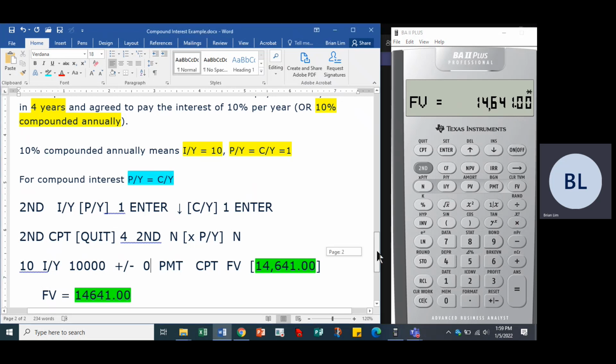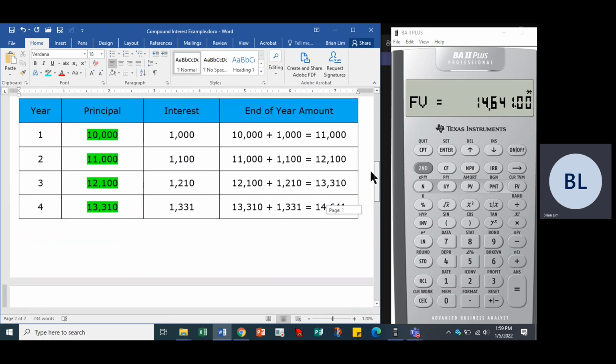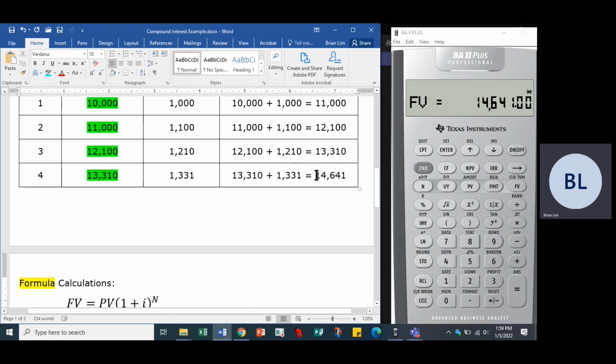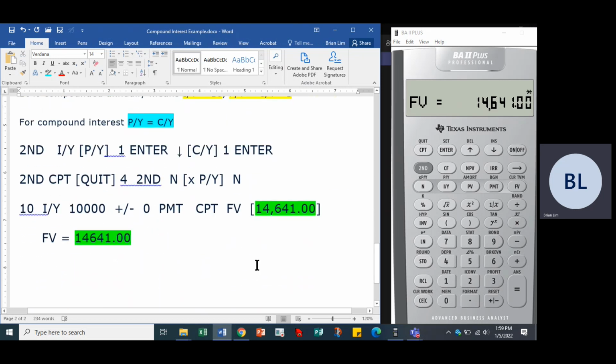There it is, 14,641, which was exactly the amount that was there before when the formula was used, which was the number that was there before when we did it step by step, year by year. Okay, so the number is correct. All right, now this is a matter of choice about this negative value for PV.